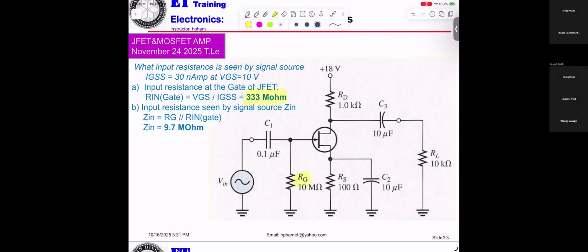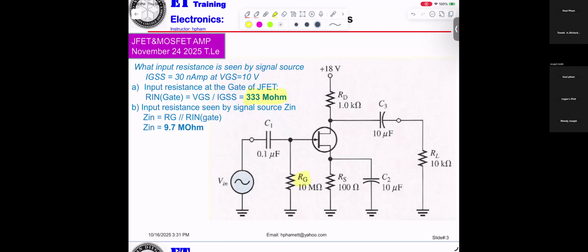That means you can see VGS divide IGSS, that means 30 nanoamp, VGS equal 10 volt. Okay.